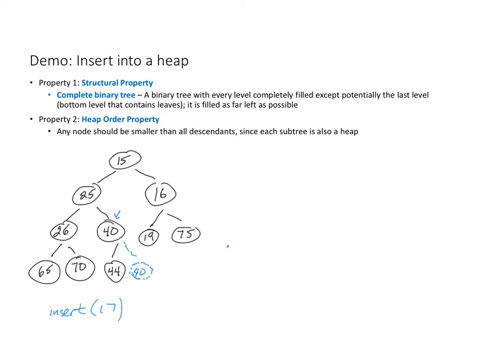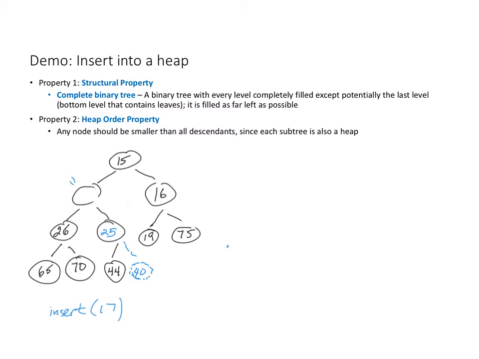And does our new home for 17 violate the heap order property? Well, 17 is less than 25, so this is still a violation. So we compared 17 with the potential parent, 25, and we'll have to percolate this hole up and move 25 down here.